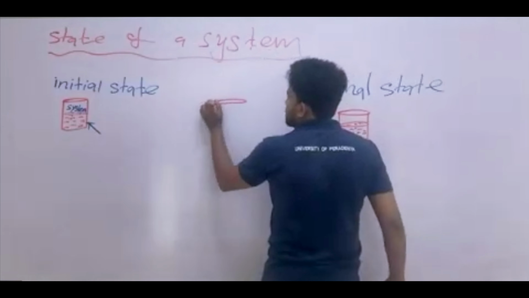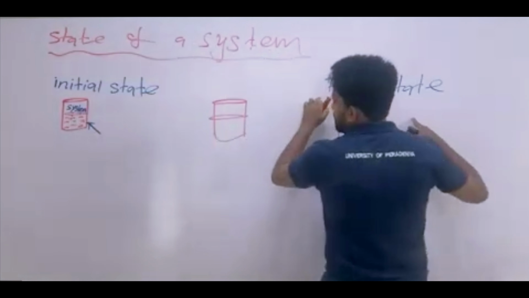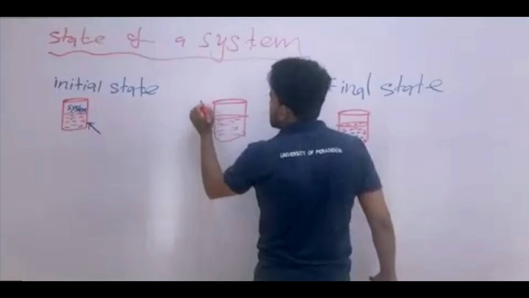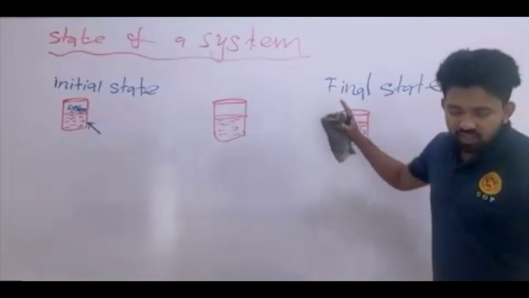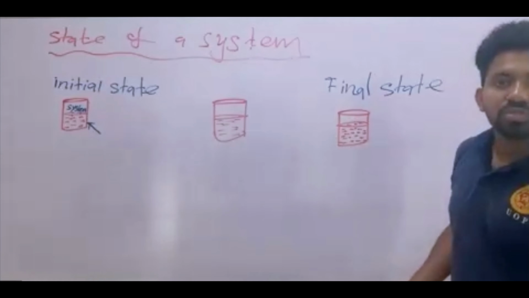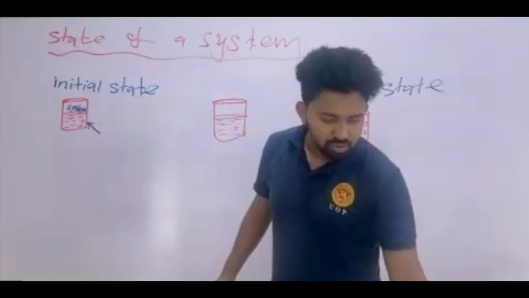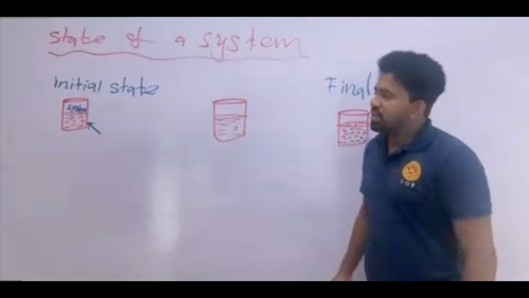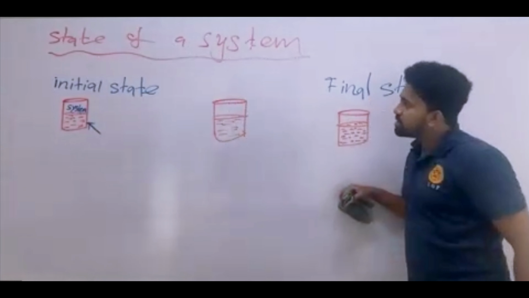And also you can draw the initial state, the final state, and also the intermediate state, if you need. So you can draw these three things within the box in the PDF. So that is it.